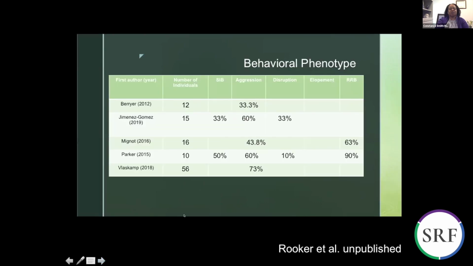So far, there have been 5 manuscripts that have reported on behavioral phenotyping in patients with SYNGAP. You can see that they've all acknowledged that there are some degree of aggressive behaviors in SYNGAP1. However, there is no report to date of patients with eloping behaviors.